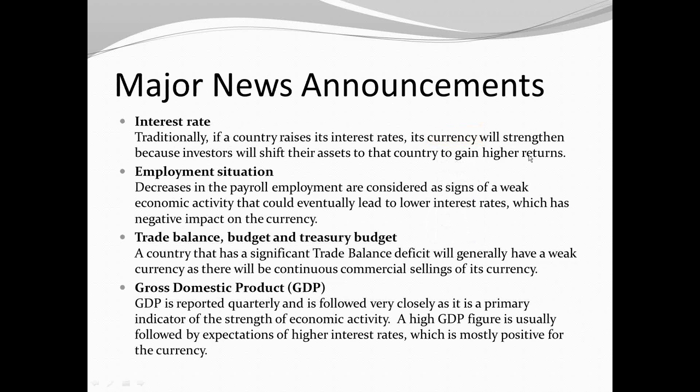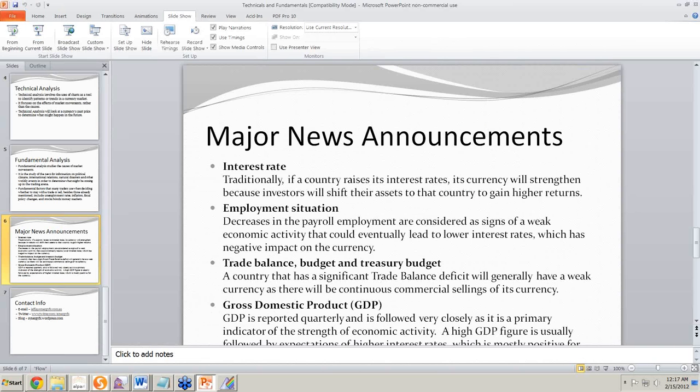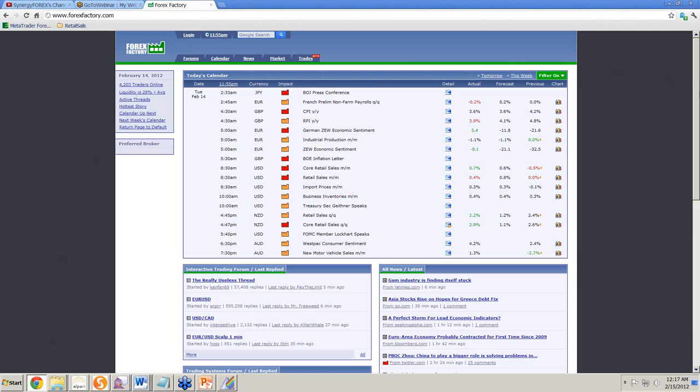Okay, so let's jump out of this and take a look at this website called Forex Factory. For those of you that don't know, forexfactory.com is a great website to use for news announcements. For example, today we had New Zealand core retail sales.